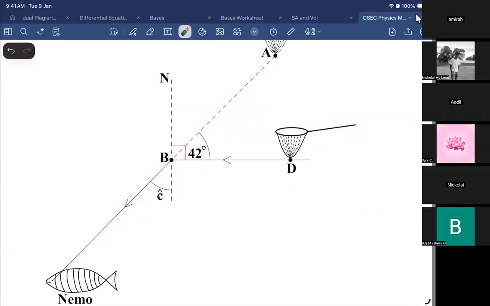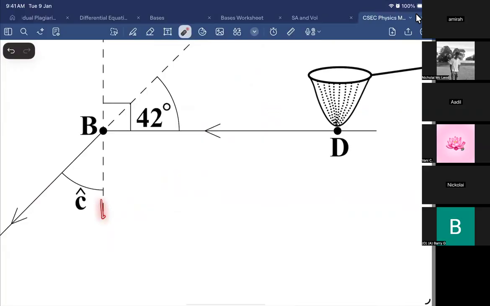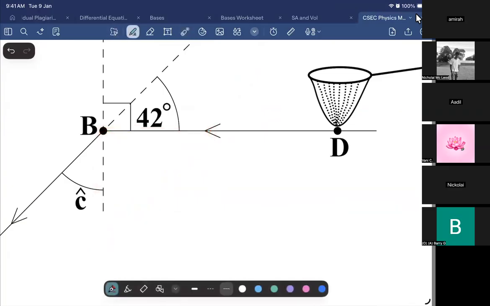Well, next time I'll make it a bit more obvious. Sorry about that. So this is 90 degrees, right? Yeah, this is 90 degrees here. Yes, sir. Amira, what angle is this?